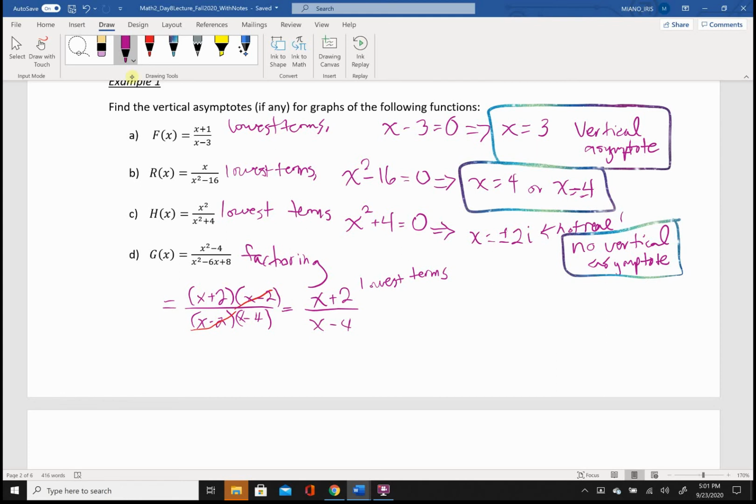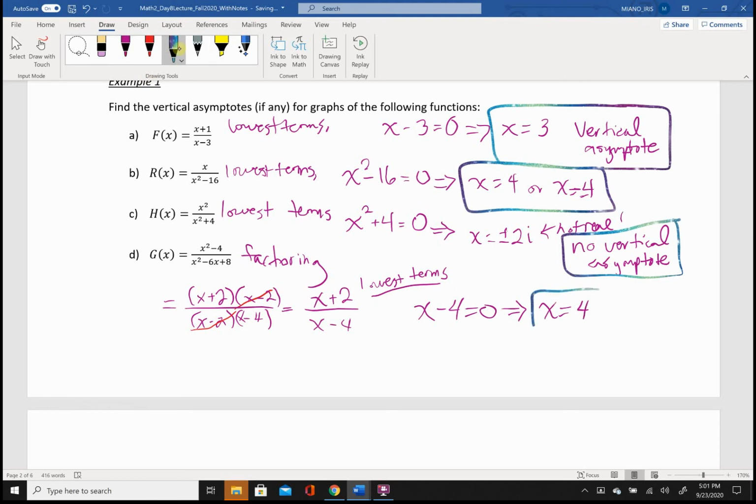The only actual vertical asymptote comes from the denominator after you put the rational function in lowest terms. So just take x minus 4 equal to 0, solve it, and you get x equals 4 as the only vertical asymptote.